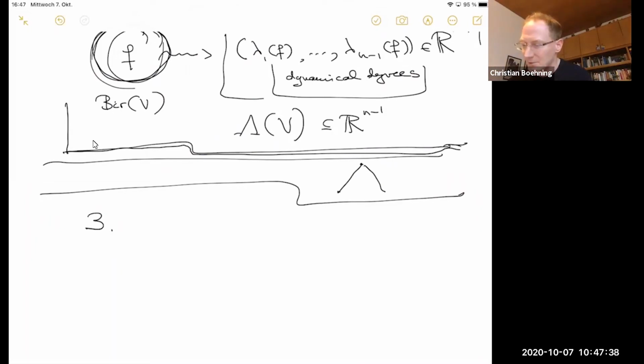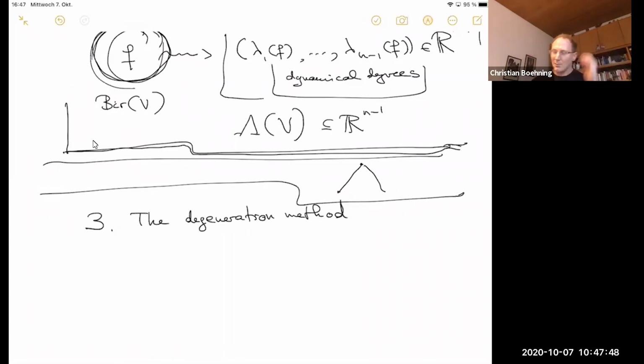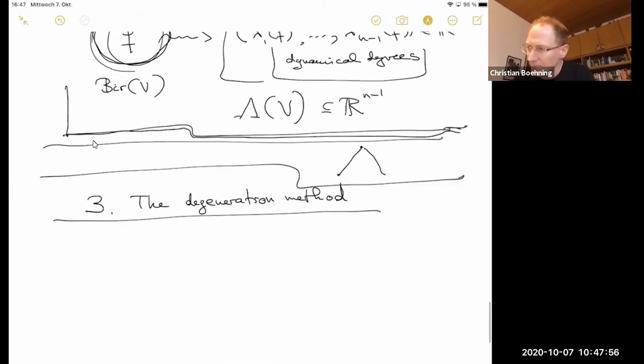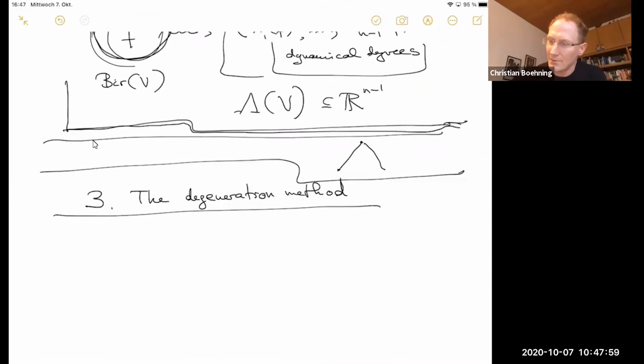Let me say a few words about the degeneration method, so how we could possibly still use the degeneration method due to Voisin and further developments here to make progress on this irrationality problem for cubics. And I'll assume some familiarity with the basics of that method.